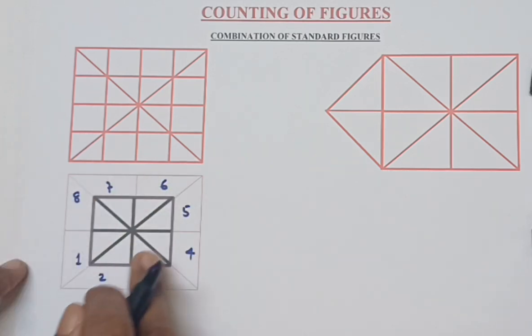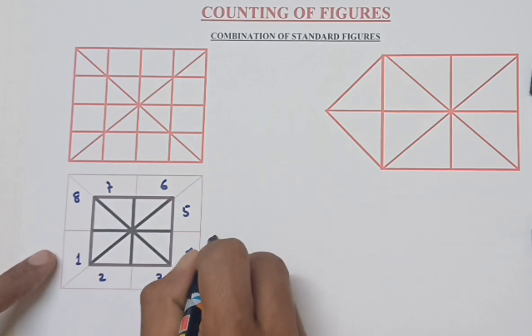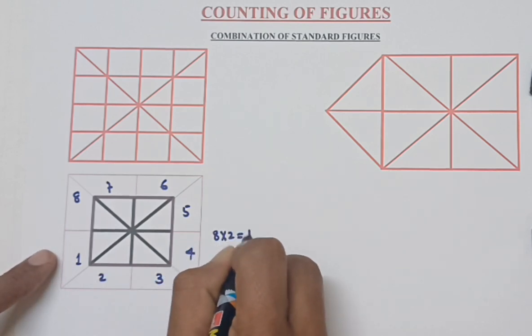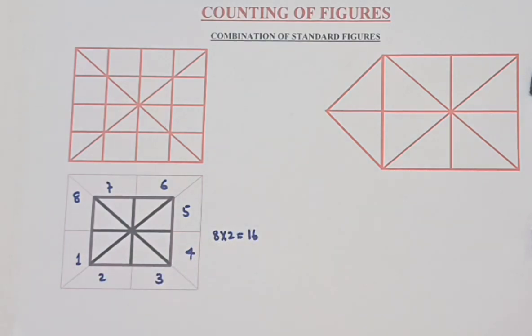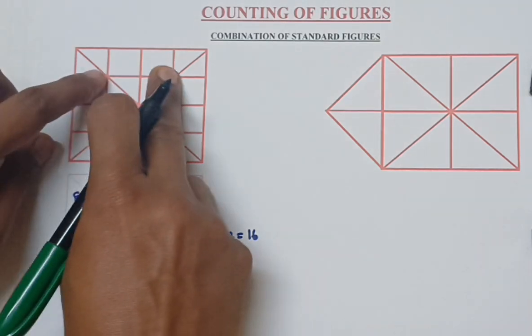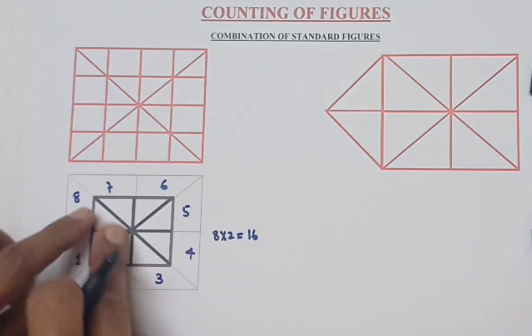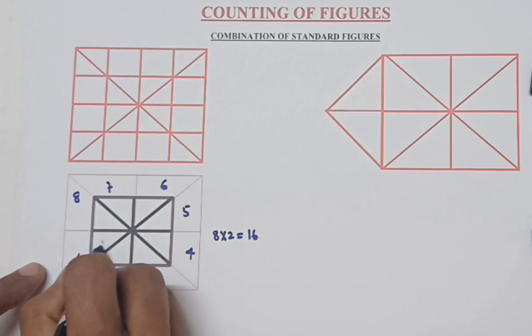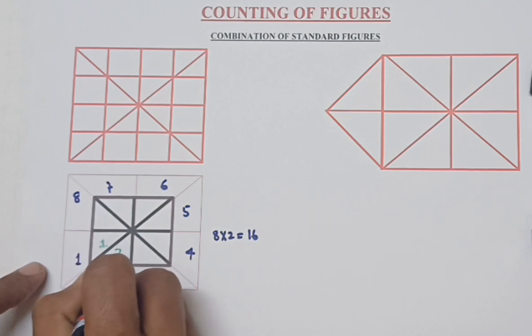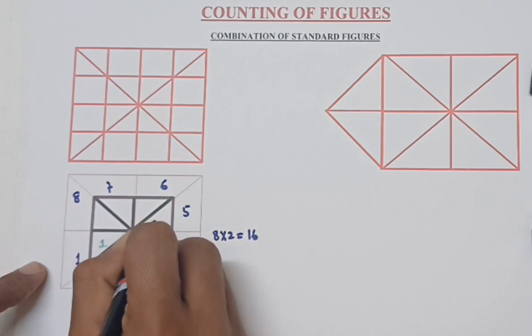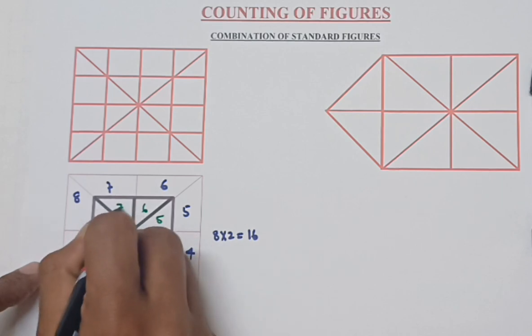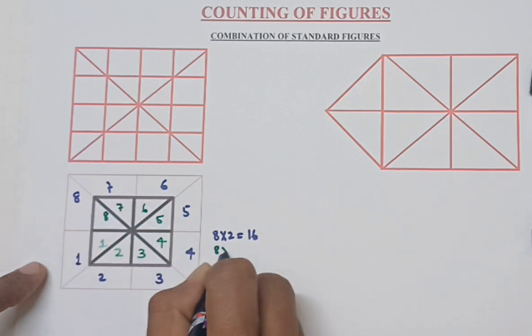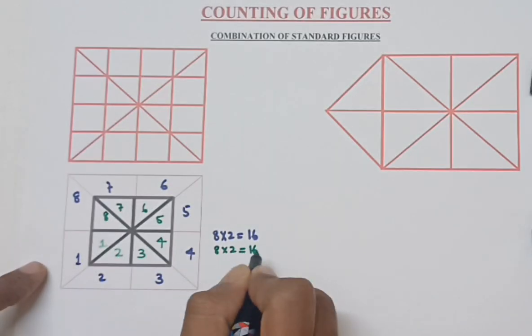So the outer square contributes 8 into 2, 16 triangles. Now consider this inner square that is shown in black color. Similarly in this case also we can number it as 1, 2, 3, 4, 5, 6, 7, 8. That is 16 again.